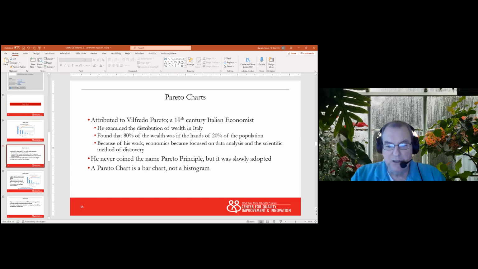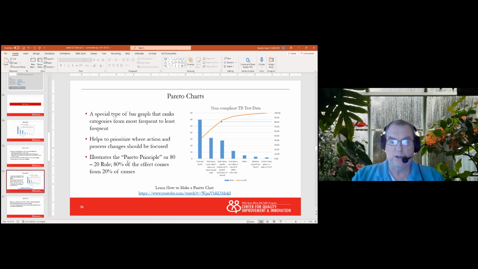He never said this is the Pareto principle. He never took credit for a Pareto principle. It evolved over time. But in honor of Vilfredo, it became the Pareto principle because his work was a pretty landmark work in 19th century Italy. It's also important to keep in mind, it's a bar chart and not a histogram. It's just a bar chart with another piece of information added into it, right?